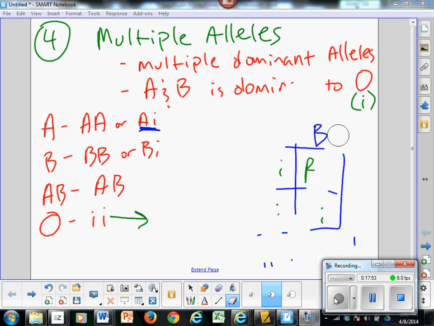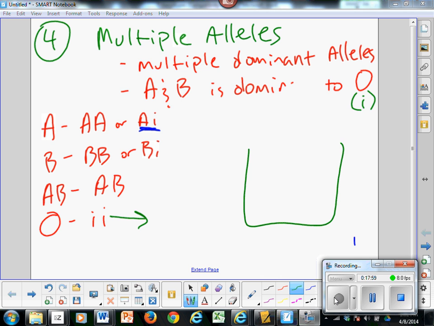So let's do one more of these Punnett squares. All right, let's say we have an A person that's heterozygous. Here's another situation. I'm trying to clear up some of your questions. We have an A person that is heterozygous, and we have a B person that is heterozygous.